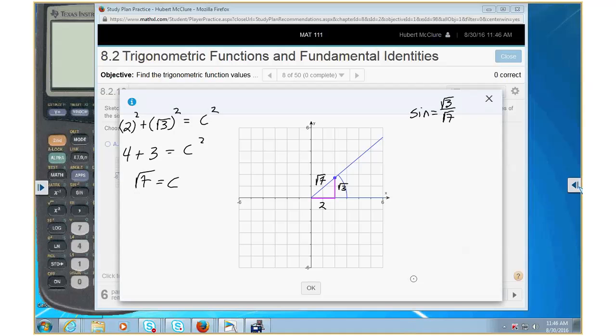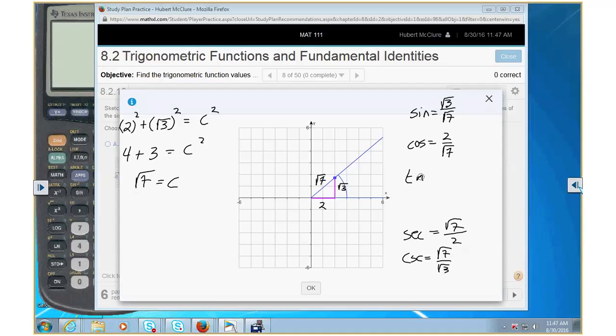So that means that the cosecant is equal to the square root of 7 over the square root of 3. Cosine is equal to adjacent over hypotenuse, which means 2 over the square root of 7. So the secant is equal to the square root of 7 over 2.